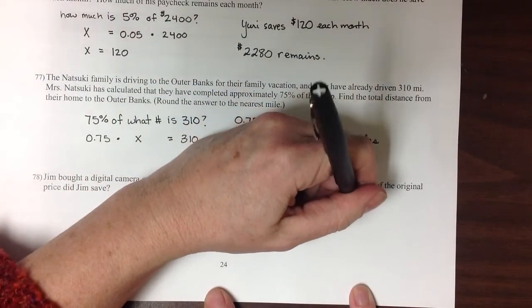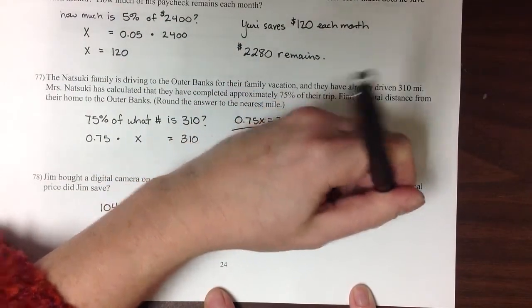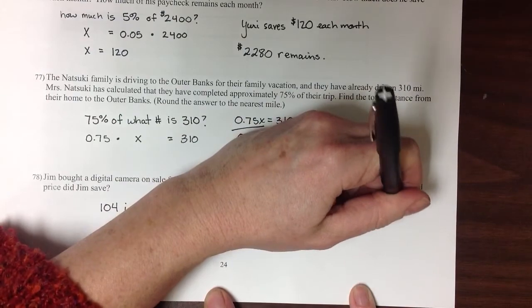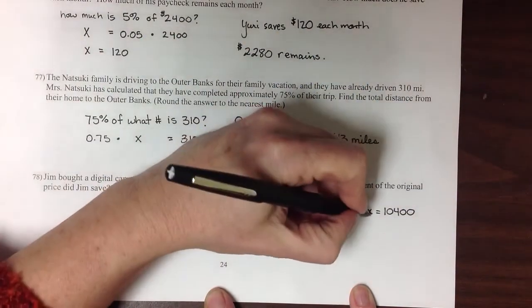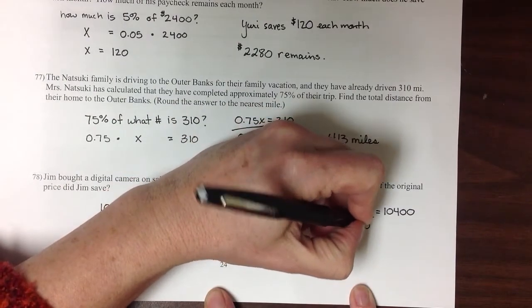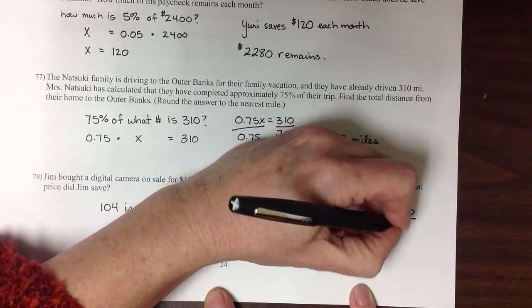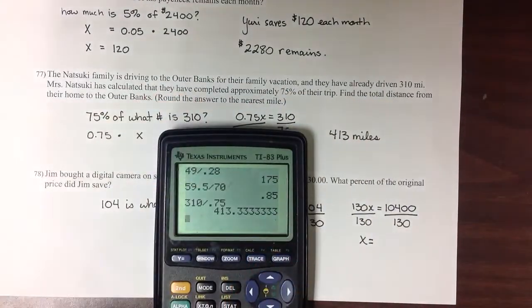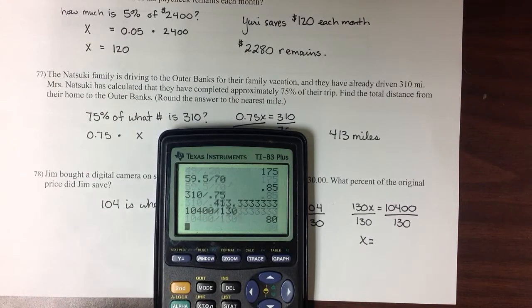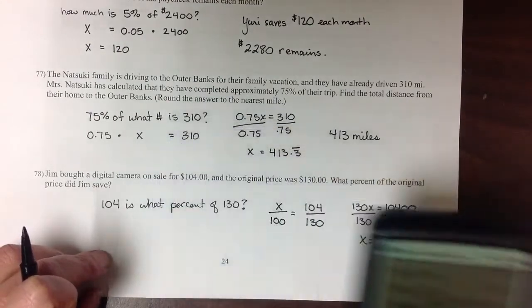Using cross products, I get 130x equals 10,400. Dividing both sides by 130, $10,400 divided by 130 is 80.